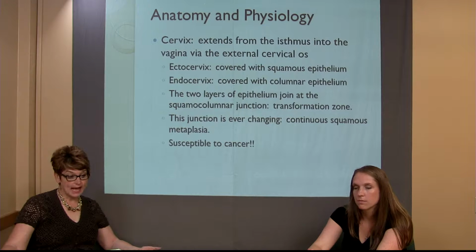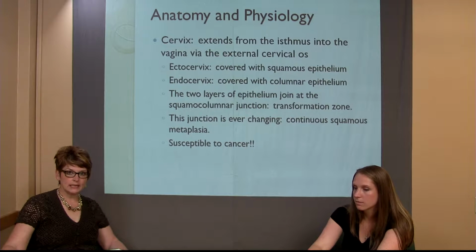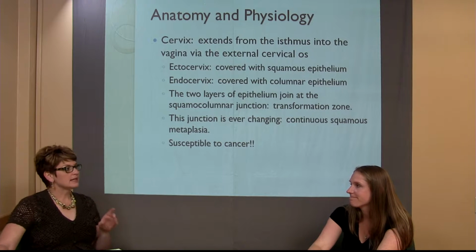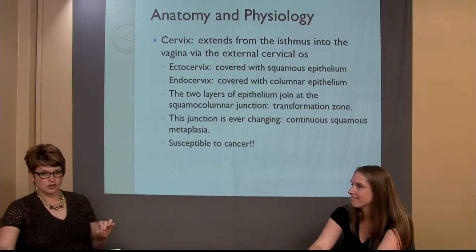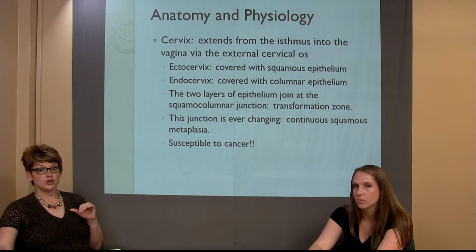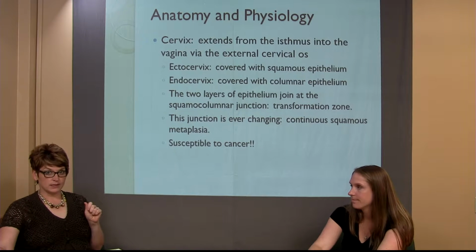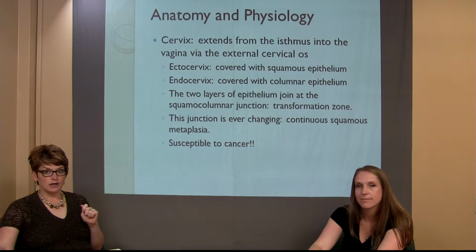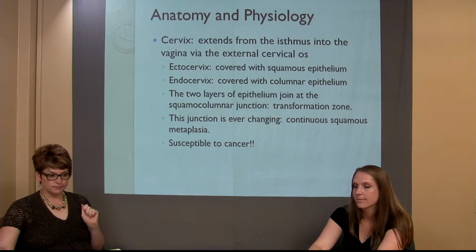That's the part we can actually see, and it's comprised of ectocervical cells and endocervical cells, and they join at what's known as the squamocolumnar junction, also known as the transformation zone. That junction is ever-changing and ever susceptible to viruses, particularly human papilloma virus, the primary cause of cervical cancer.